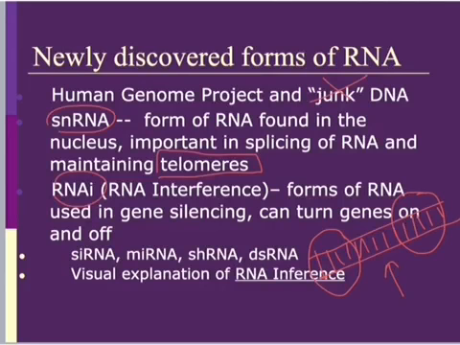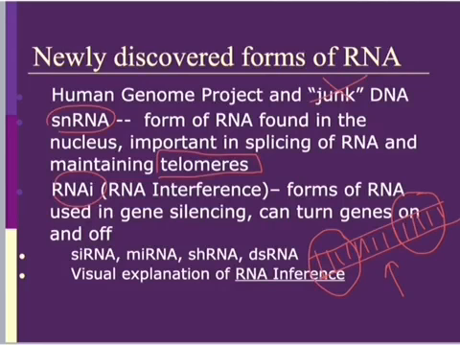So this is definitely something we'd have to look at if we want to increase lifespan in humans, if we want to look into the aging process, because younger people have well-maintained telomeres, and as we age, they start to break down. So this snRNA might be some kind of clue into studying aging.